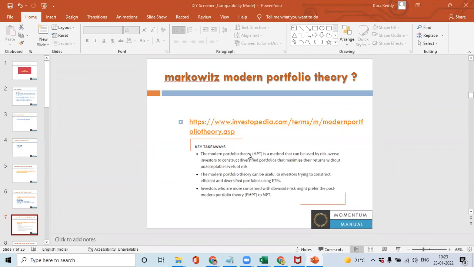This is Markowitz or Nobel or whatever it is, modern portfolio theory. This terminology looks a little alien or very complex. But the moment you start reading it multiple times, it becomes a little easy. There's nothing fancy about it.